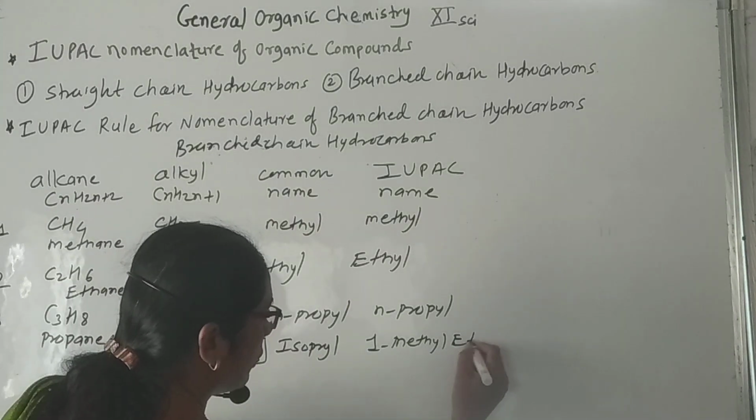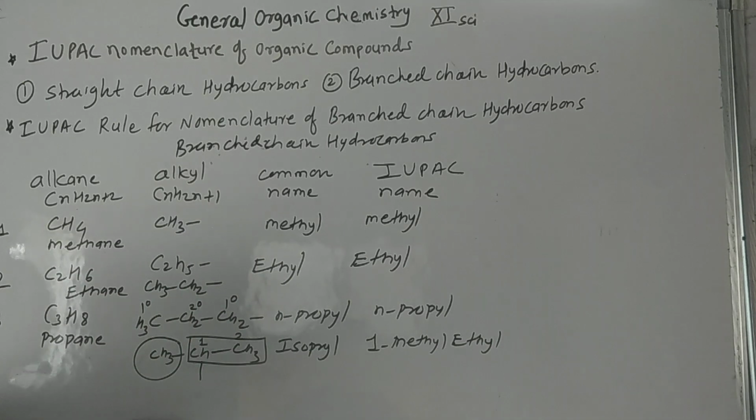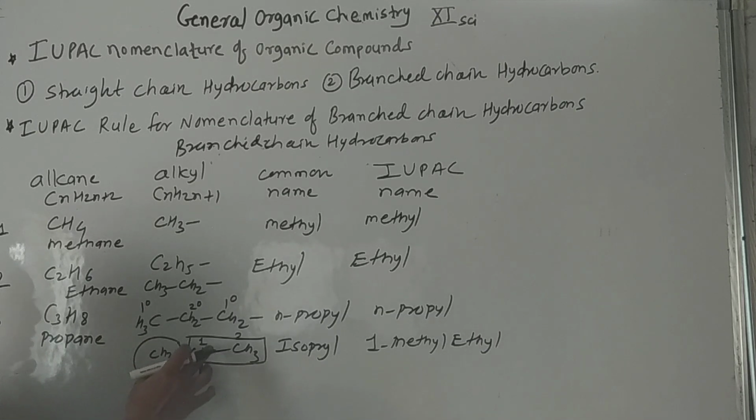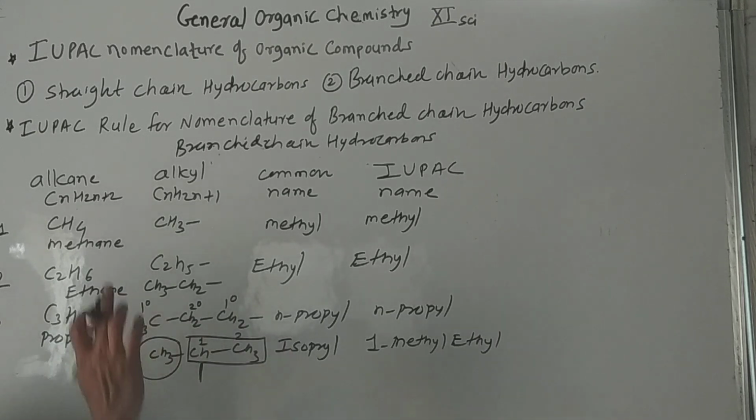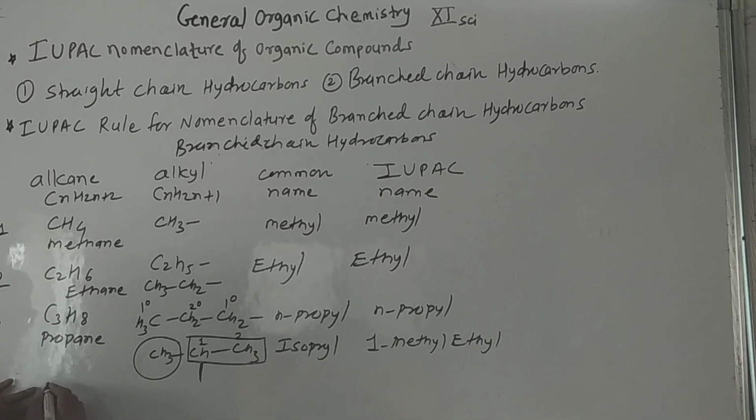So its name is 1-methylethyl. I again repeat, the branching is from here, give the numbering 1 and 2. So it is a 2-membered ethyl, and at carbon 1 a methyl group is there, so its IUPAC name is 1-methylethyl. Okay. Similarly, we consider the propane.